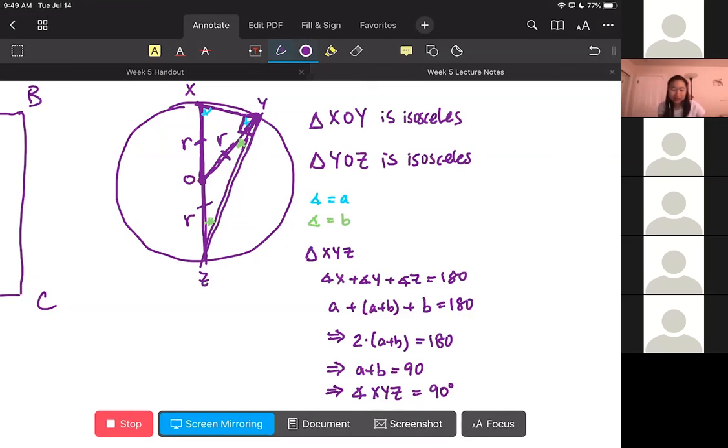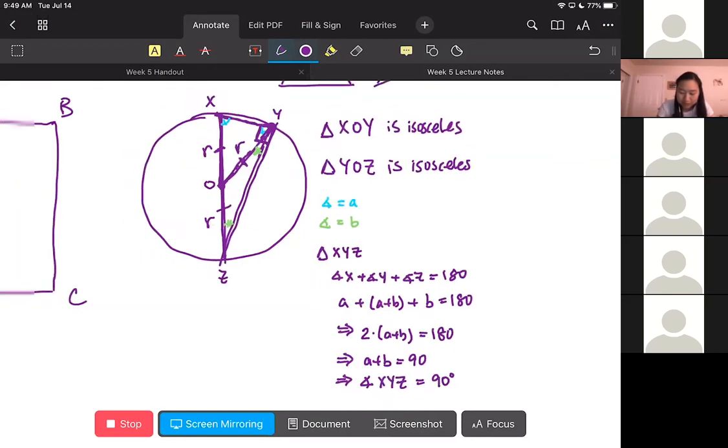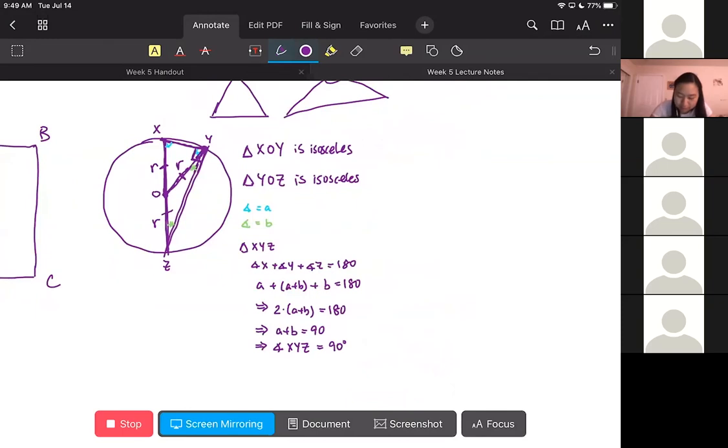All right, so let's go back to our problem. So we have a circle. Now we have this fact that, I'll draw it again here. Whenever we have a circle, any point on the circle will give us a 90-degree triangle.